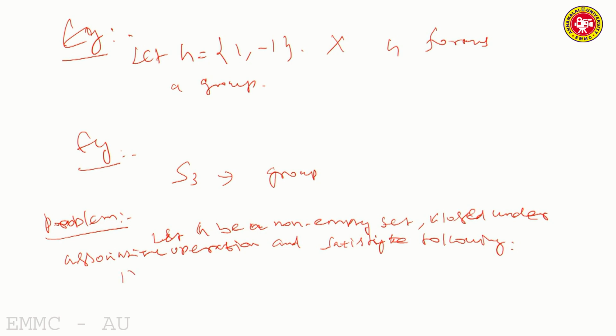There exists an element E in G such that A dot E is equal to E for all A in G.